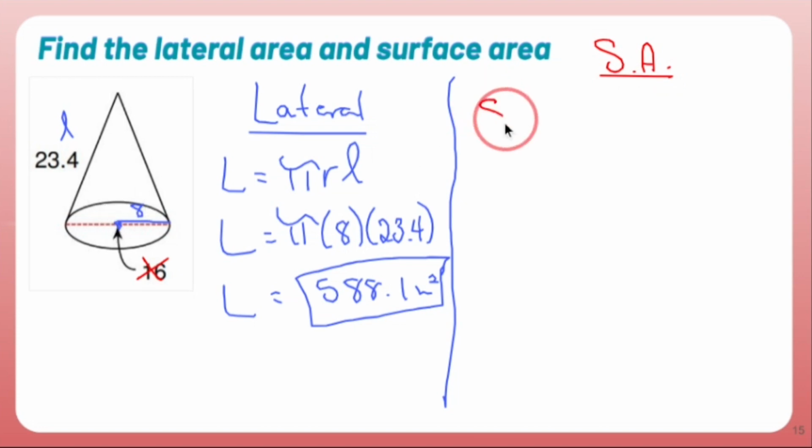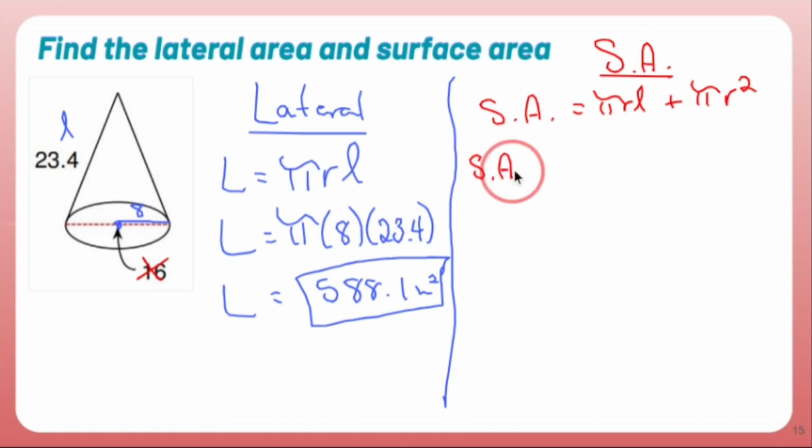The surface area is your lateral area, which I already know, pi r slant height, plus the area of one circle. And the area of a circle is pi r squared. So fortunately, I didn't have to worry about the height of this cone at all. I thought I was going to, but didn't.